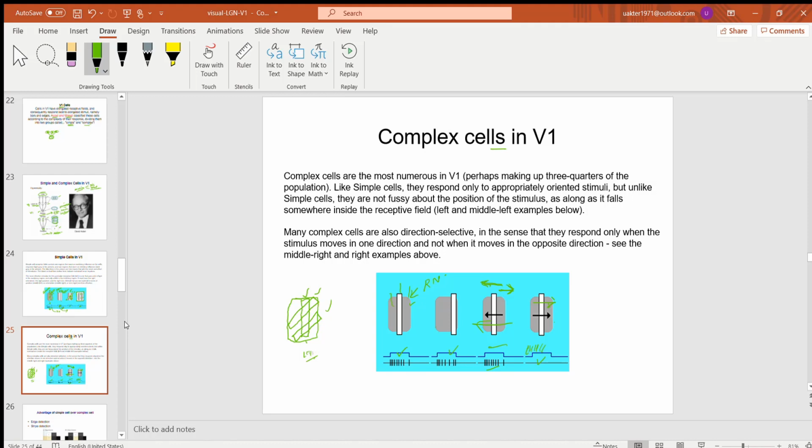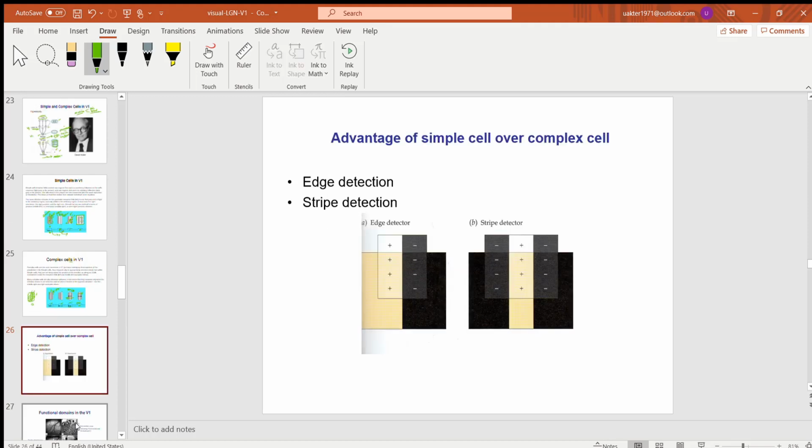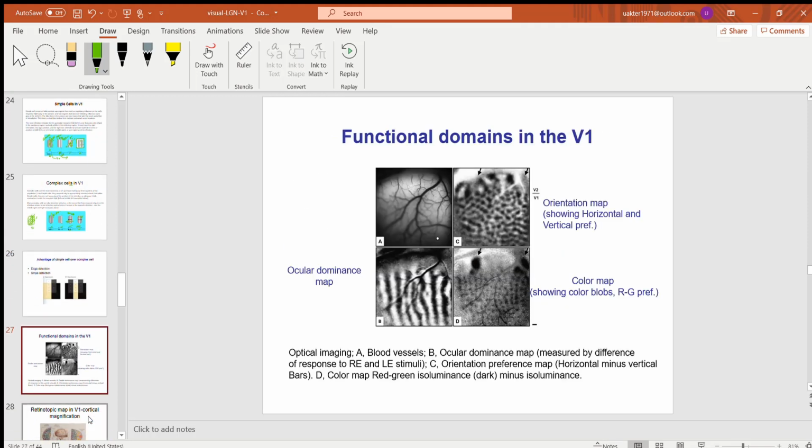This is a picture from a very early study of V1. This is a famous picture published long ago, and you see V1 and also part of V2 here.